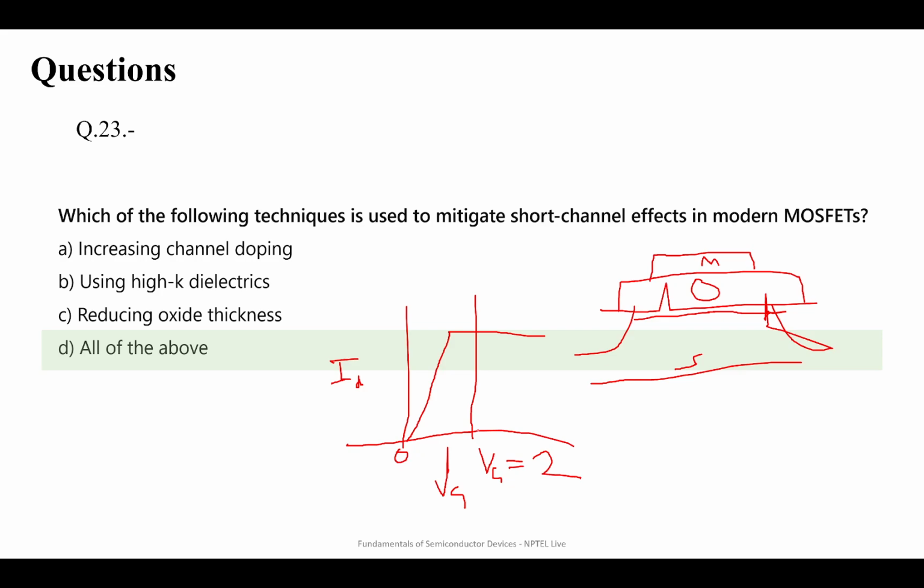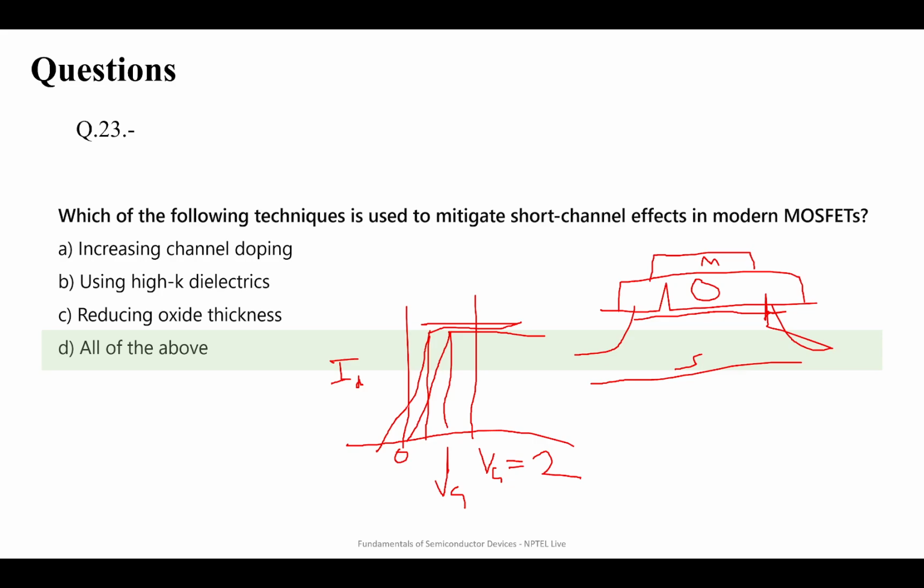Let's assume for some reason my threshold voltage got decreased. So what will happen is, instead of my threshold being here, it will reach somewhere here and it will go like this. Earlier my threshold was here, now my threshold has decreased.